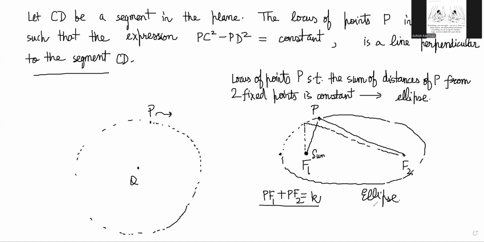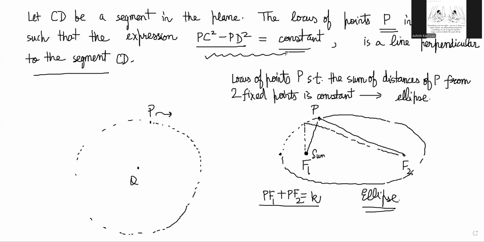So many such locuses you will see. What we are saying right now is the locus of points P which move in such a way that PC square minus PD square is constant. That's the condition that has to be always satisfied for point P, and you have to see all the different positions of point P where this is satisfied.